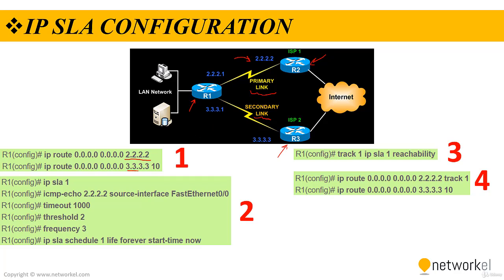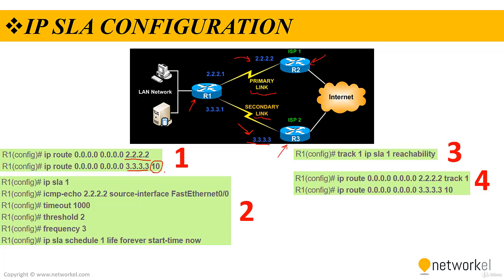And the second one is pointing to 3.3.3.3, and that's pointing here, and that's router 3. But there's a difference in here, guys. You can see that the administrative distance for this route is set to 10. So that means the second route is the secondary link that is not used. Okay, that is only being used once the primary link fails.